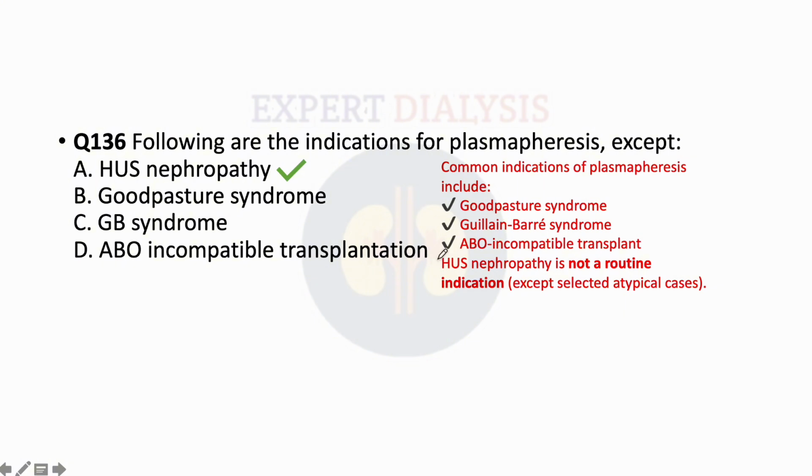HUS nephropathy is not an indication for plasmapheresis, while Goodpasture syndrome, Guillain-Barré syndrome and ABO incompatible transplantation are indications for plasmapheresis. HUS is not a routine indication except in selected atypical cases.